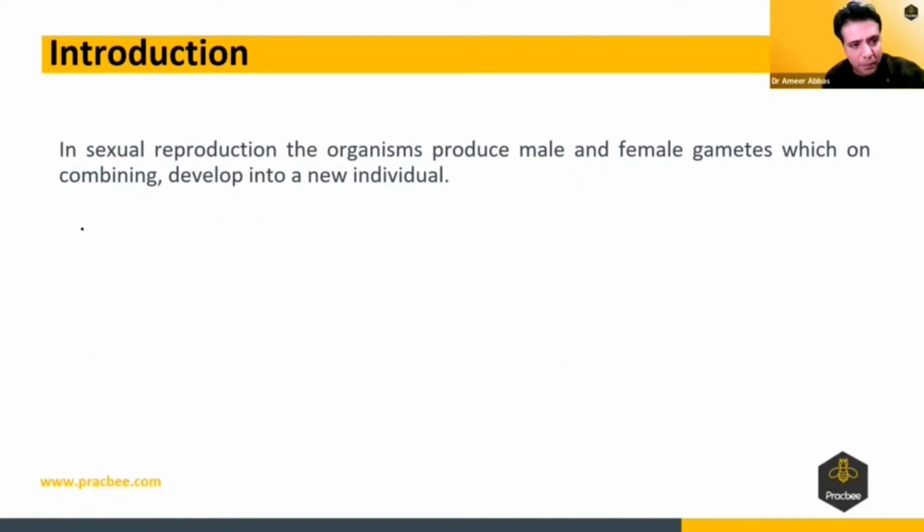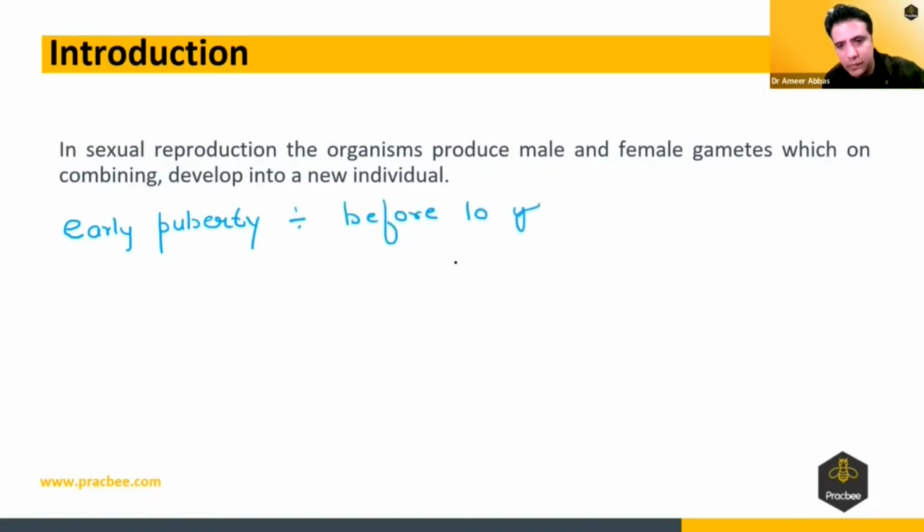First is early puberty, before 10 years, mostly at 8 years. If puberty is coming at 8 or 9 years, that is known as early puberty. But the important thing for you is to remember this name: precocious puberty.